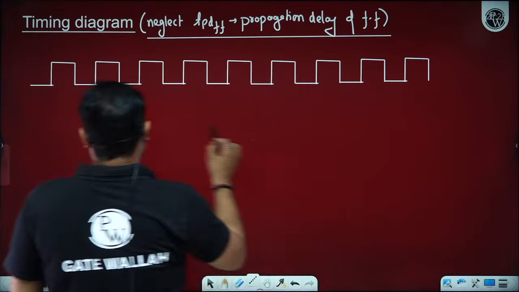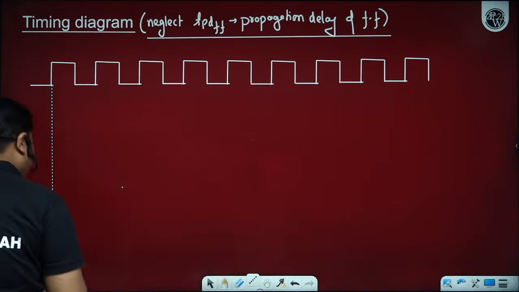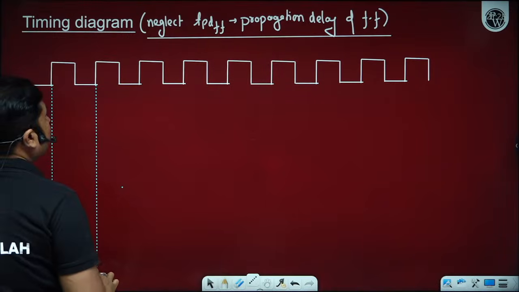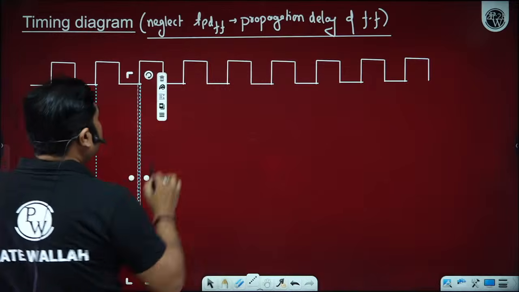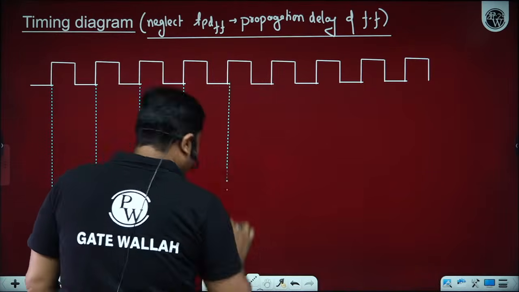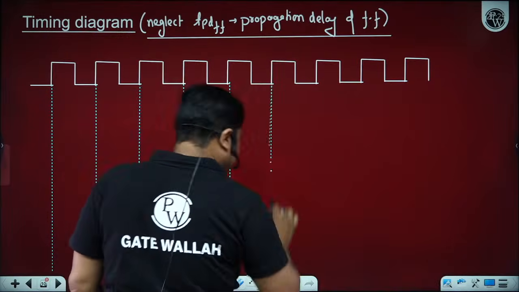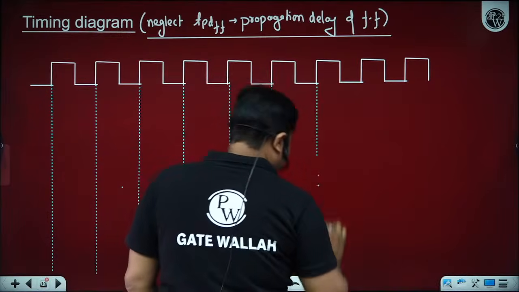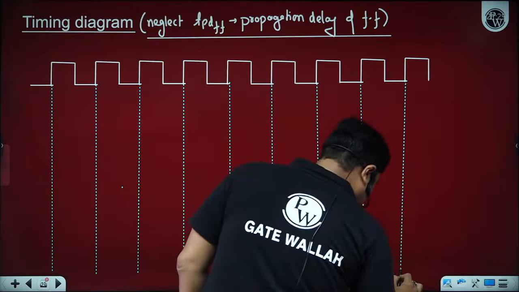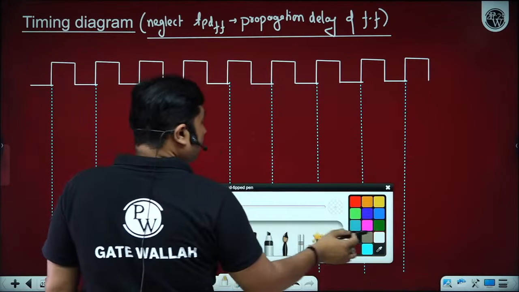I'm just extending the clock levels wherever the clock changes its level from 0 to 1, to understand the behavior of the different flip-flops and the different states.